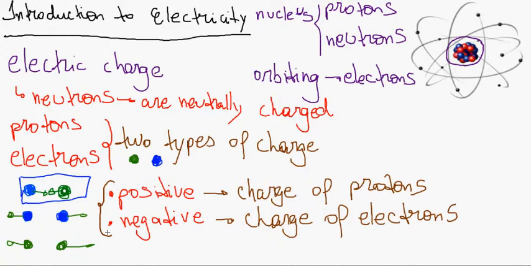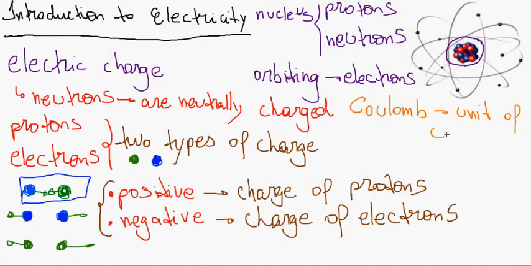Okay. So another thing we have to understand: we have a value for the charge. So we measure the charges. We have a unit for it, and we're going to see more about this unit later. We use the Coulomb as the unit of electric charge.